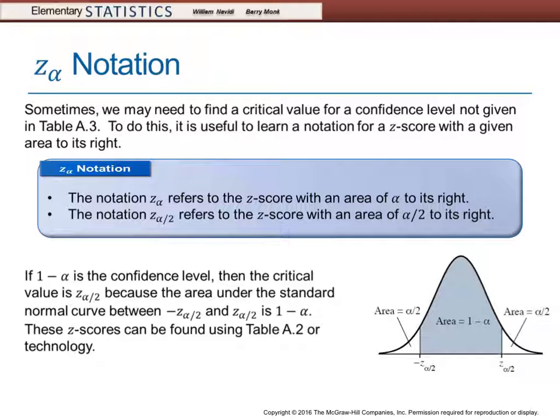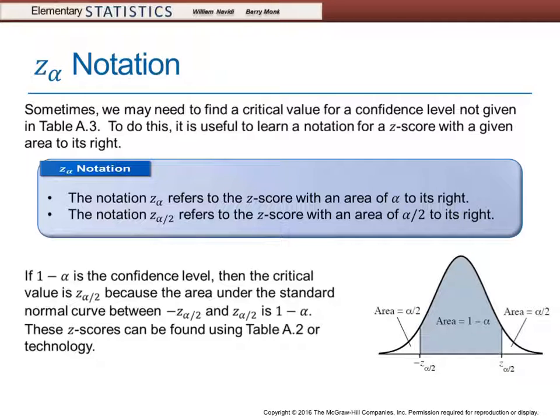Sometimes we may need to find a critical value for a confidence level not given in A3. To do this, it's useful to learn a notation for a z-score with a given area to the right. The notation z alpha refers to the z-score with an area of alpha to its right.